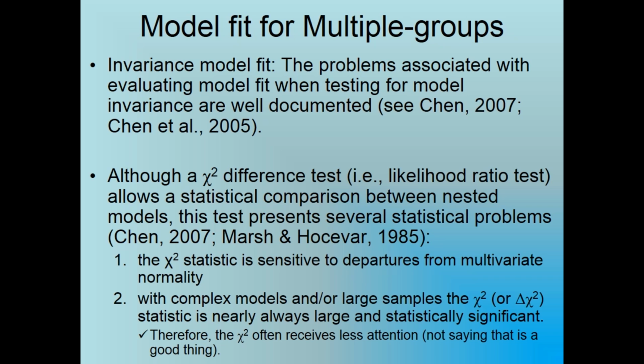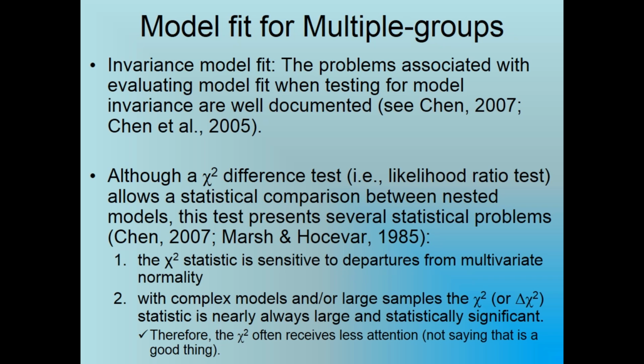However, as you all know by now, your chi-square and your chi-square difference tests are related to the complexity of the model as well as your sample size. So if you have a huge sample size for both groups, even a very small difference between those two groups might be significant.